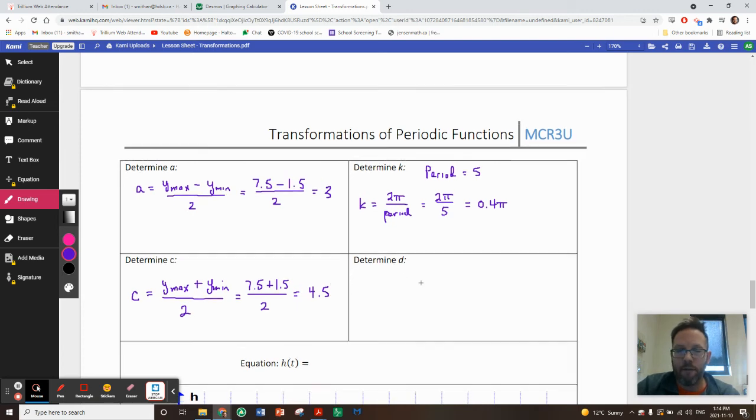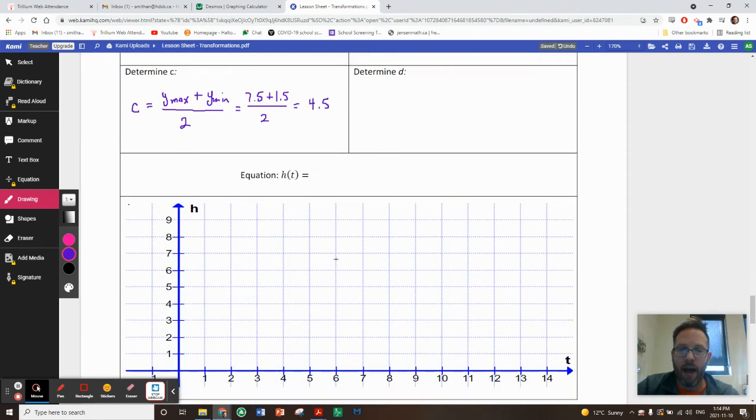So we're going to find the phase shift in a second, but I wanted just to add some of this detail to our graph. So our axis, we know it's going to be at 4.5. All right.